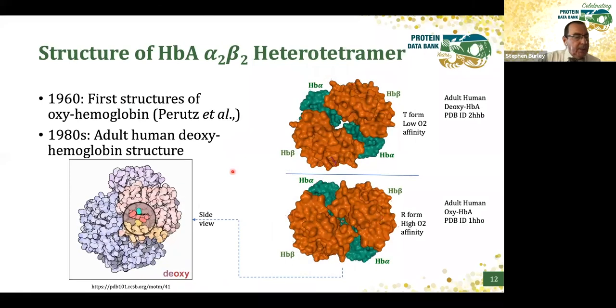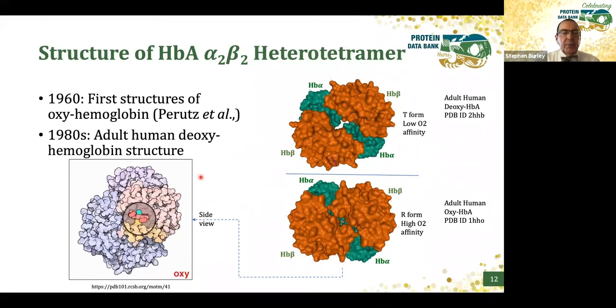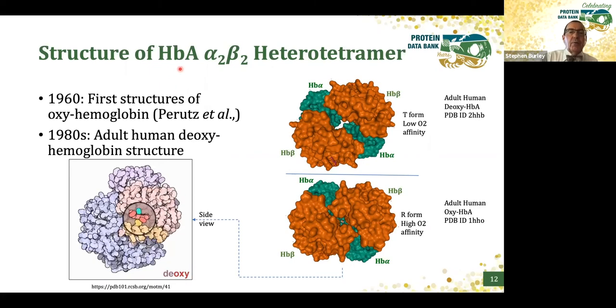So before I actually introduce the mutation that's responsible for sickle cell disease, let me just orient you to the 3D structure of hemoglobin. Now, in most of us, our red blood cells are carrying what is known as hemoglobin A, which is a tetrameric molecule consisting of 4 subunits, 2 alpha chains and 2 beta chains.